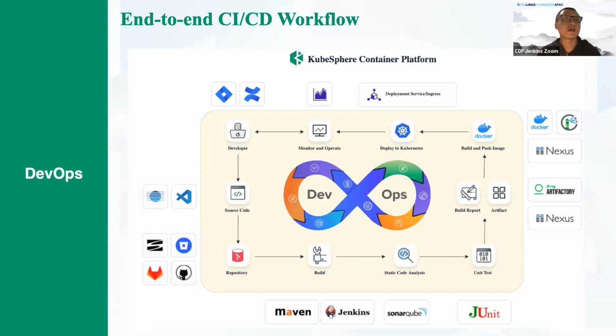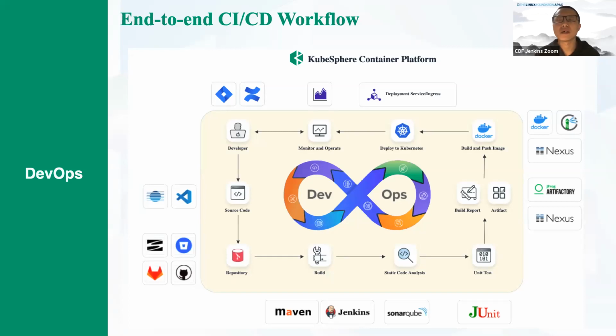It will build your code, scan your code, run static code analysis, run the unit tests, give you a report of the tests, and upload the artifact and Docker image to the artifact repository.